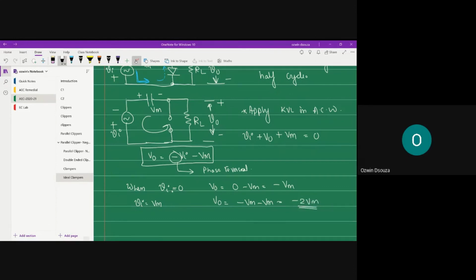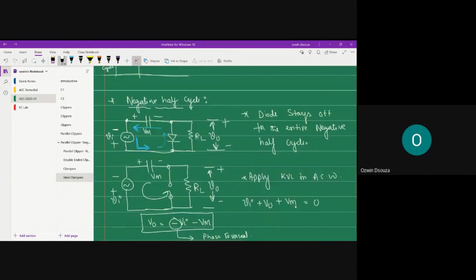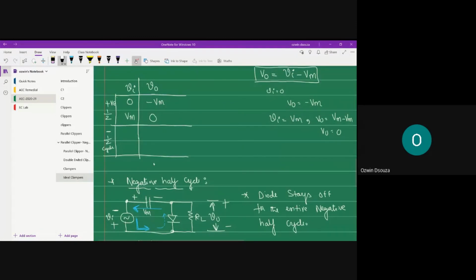So I will substitute this result in the table. When your input is 0, output is minus Vm, and when your input is hitting the negative maximum, your output stays at minus 2 Vm.